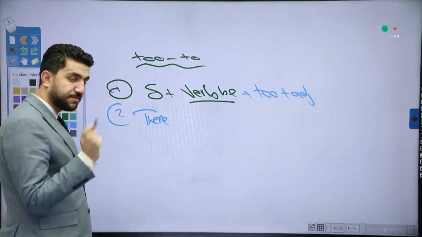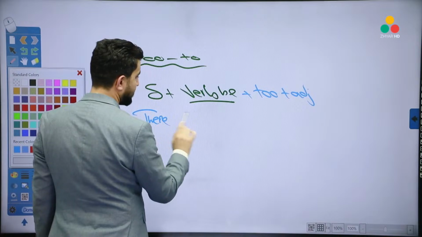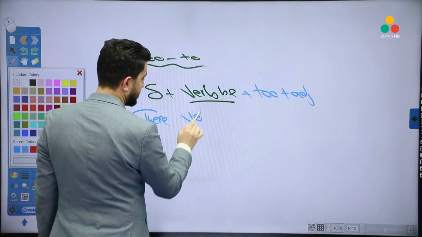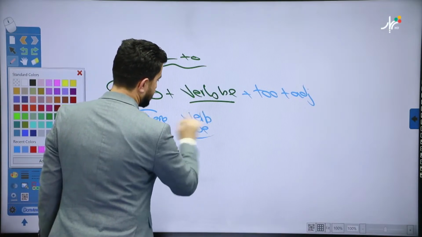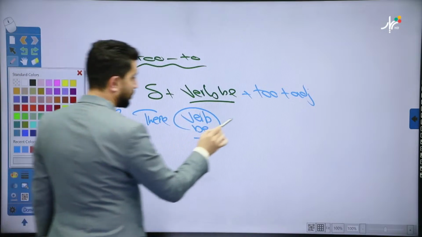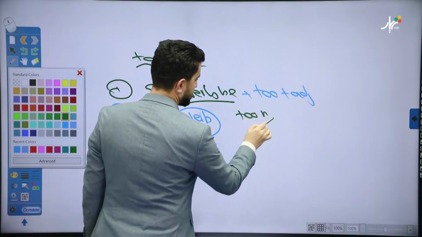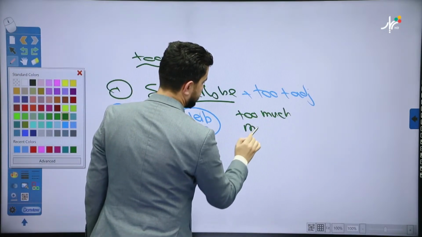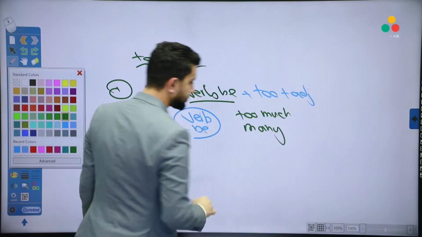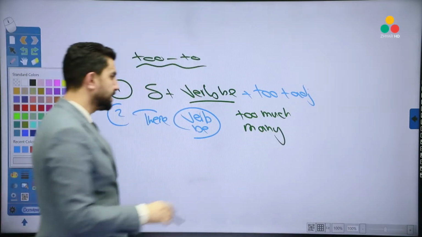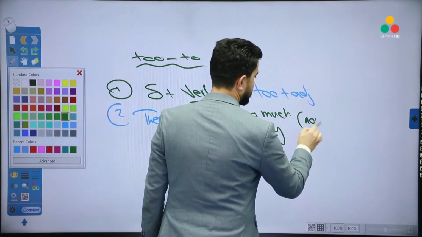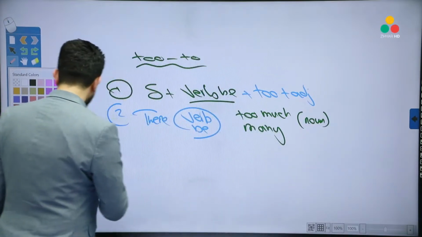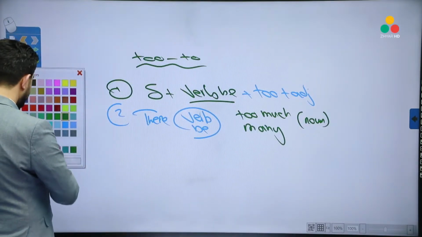There, we said when we have there, we have too much and too many, right? There, verb be, don't forget, they have verb be as well. So we have too much, too many, plus noun, we said, right? Rule number three, don't forget this one as well.